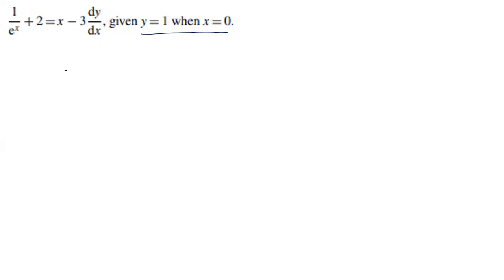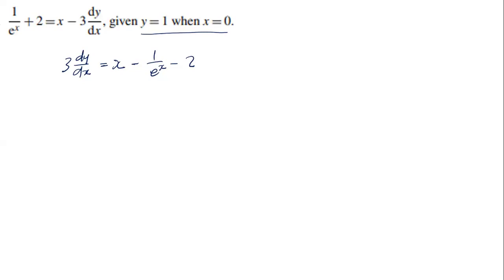So I'm going to have +3 dy over dx equals, this side I have x, I'm going to leave it on this side, and then take everything to the other side. Now I will have -1 over e to the power of x, and then -2. There is nothing special that I did. I just rearranged everything. That is all.